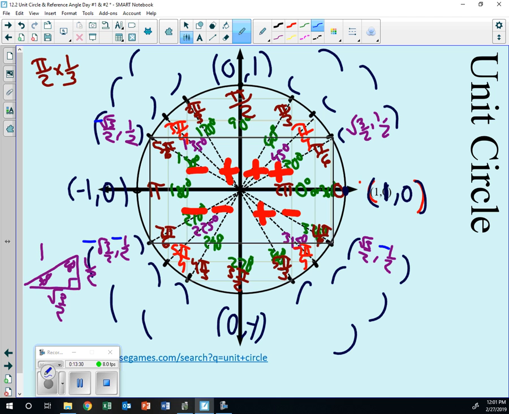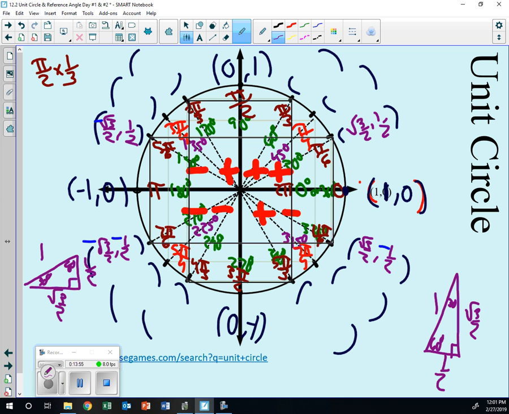Let's do this for another one. Let's do this for the 60-30 triangle. So we're going to take this one, make a rectangle, and then go 60-30 this time. Now this is still 1. This is going to be 1/2. This will be square root of 3 over 2.